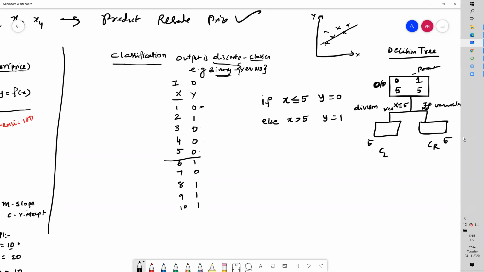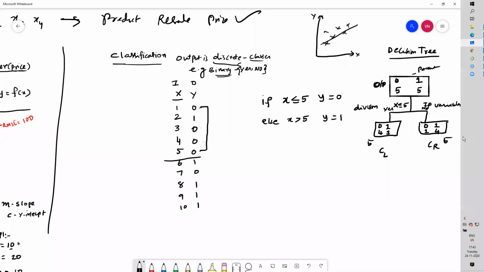On the left hand side, among the 5 observations, for 0, we got 4 observations. And for 1, we got only 1 observation. On the right hand side, for 0, we got 1 observation. For 1, we got, let's say, 4 observations, right?